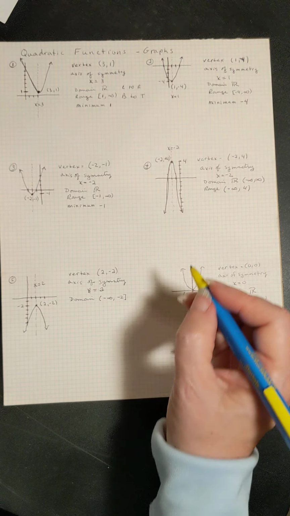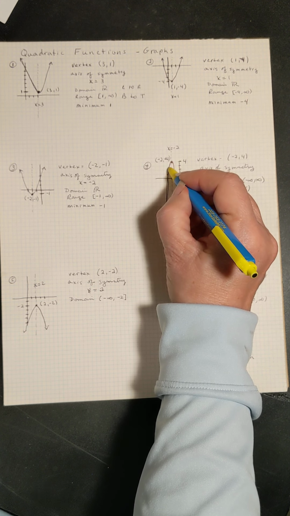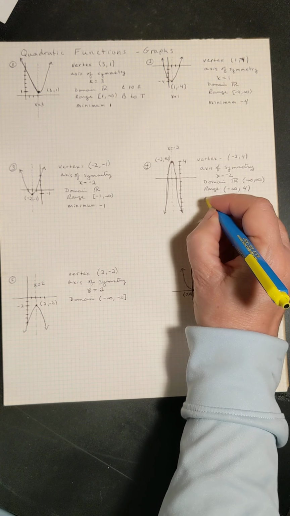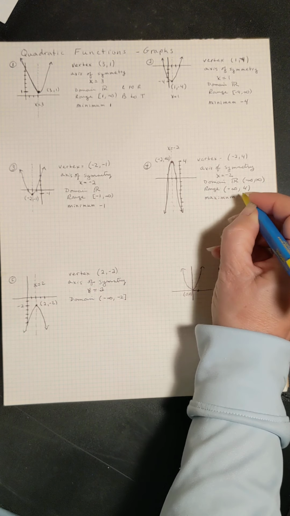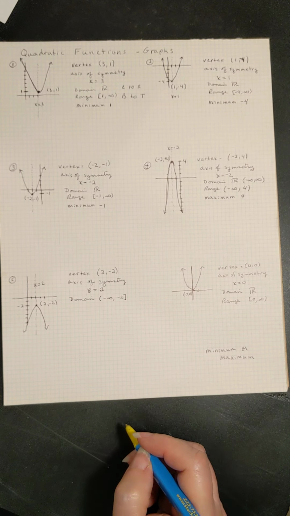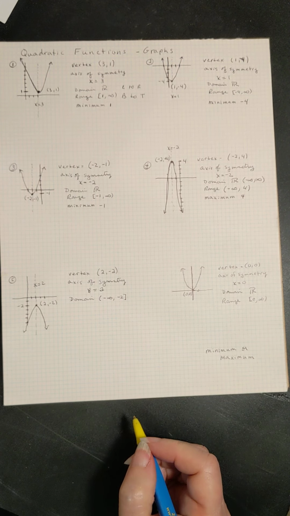All right, but notice that this one gives you a top value, and its top value is 4. So this gives you a maximum value, and its maximum value is 4 because the y-coordinate of your vertex is 4.